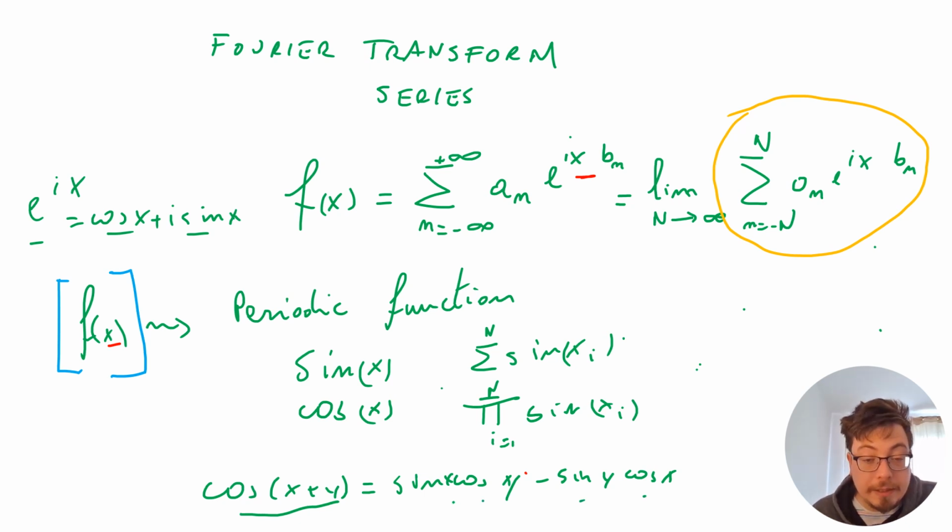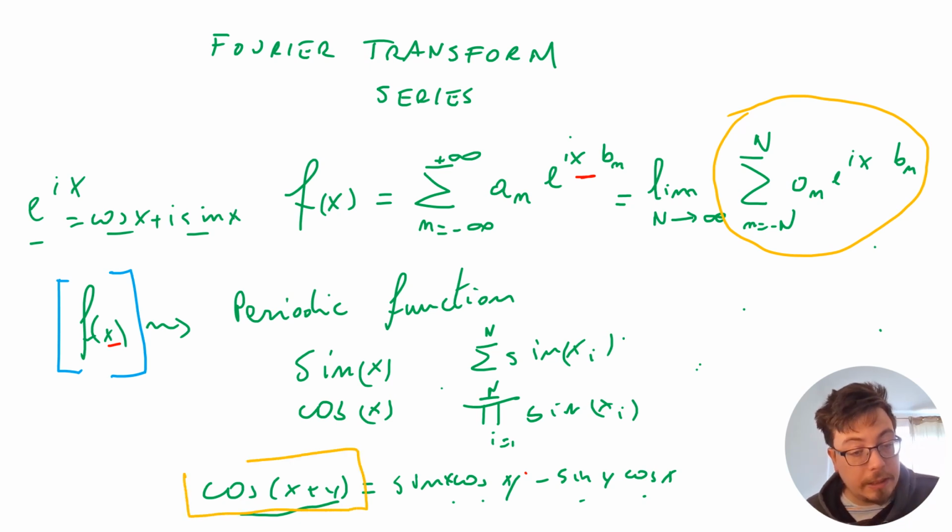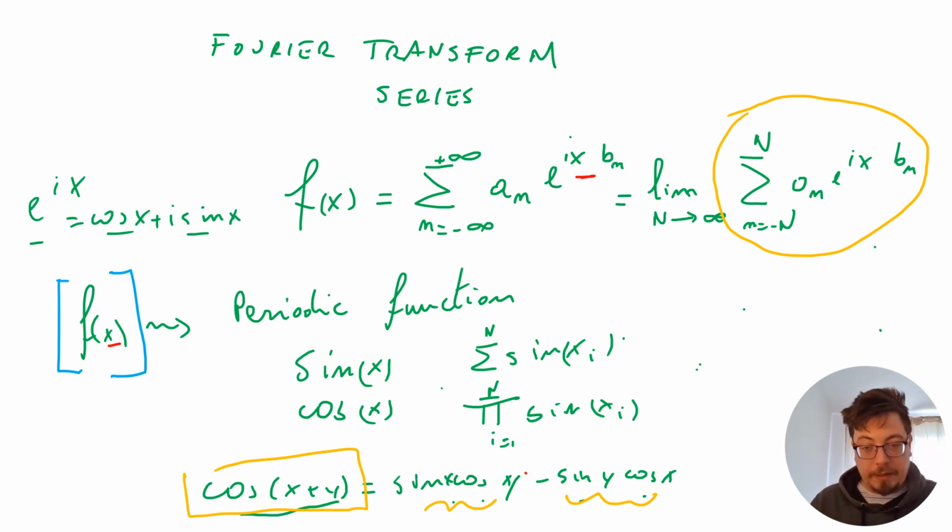So if the one on the side here is periodic, which it is because we know that it is, it means that also the sum and the products of trigonometric functions like sine and cosine are periodic. Okay, this should convince you enough that we are on the good side.